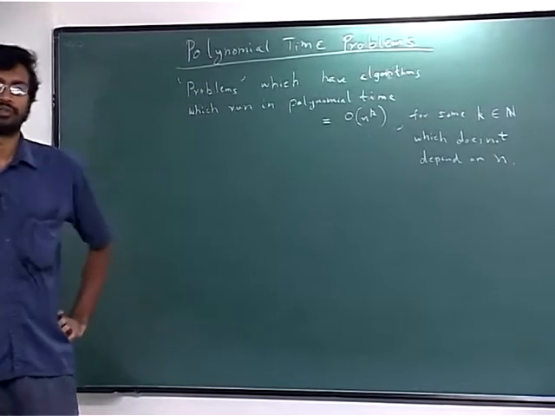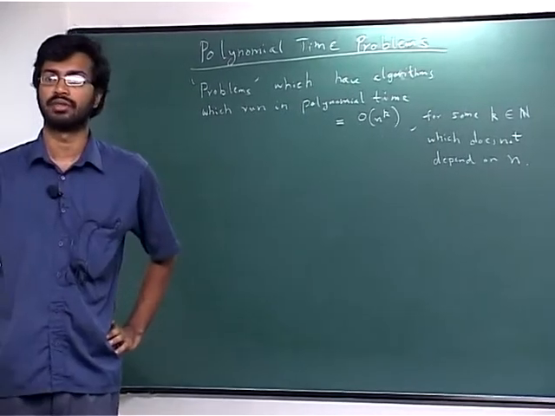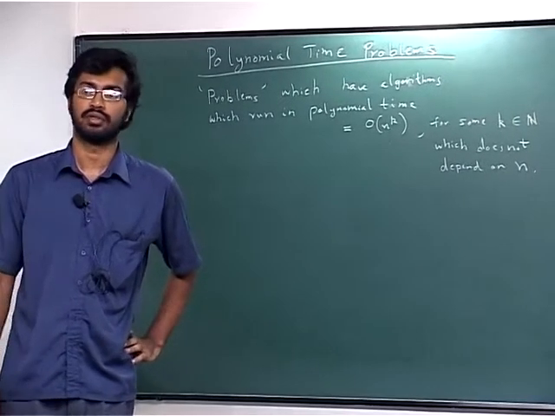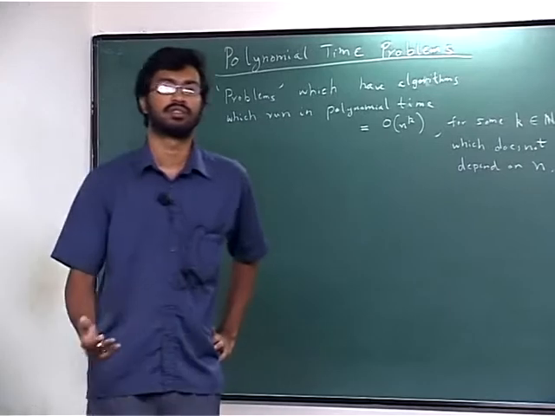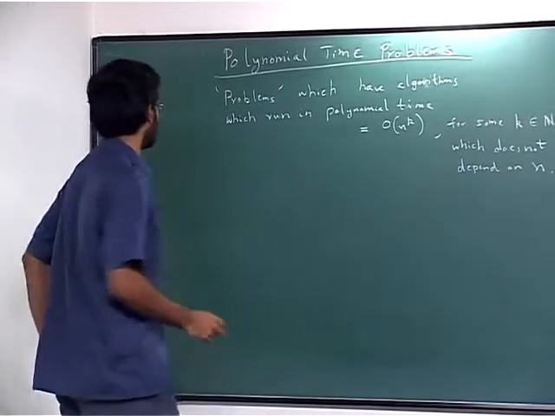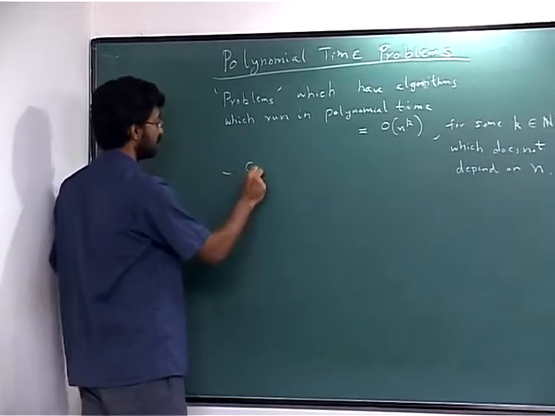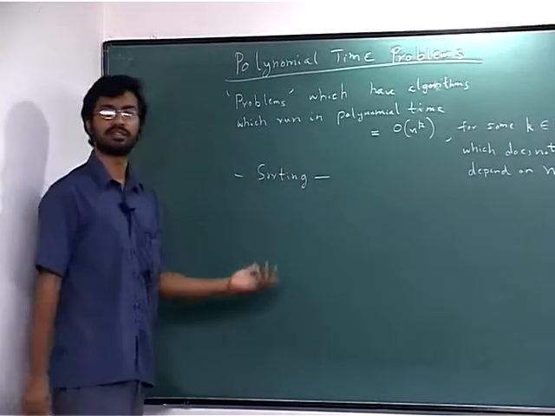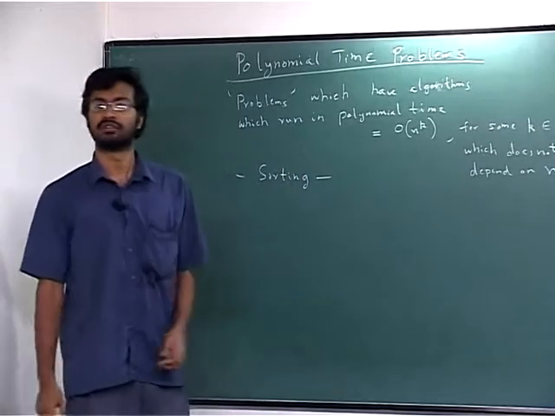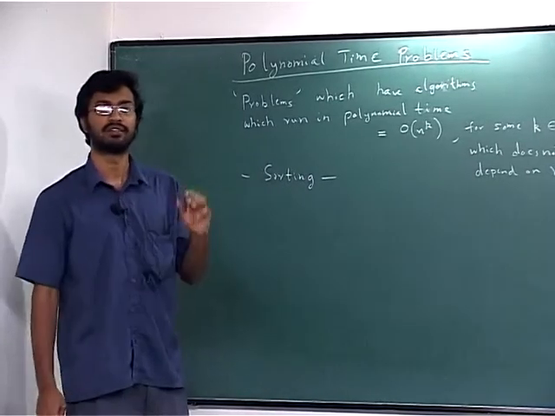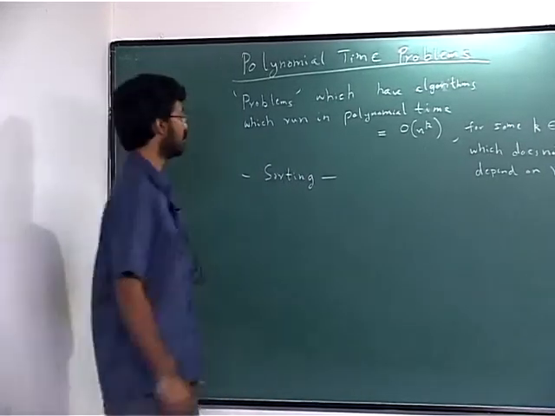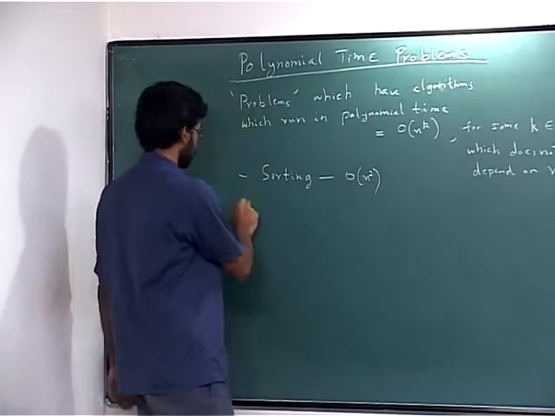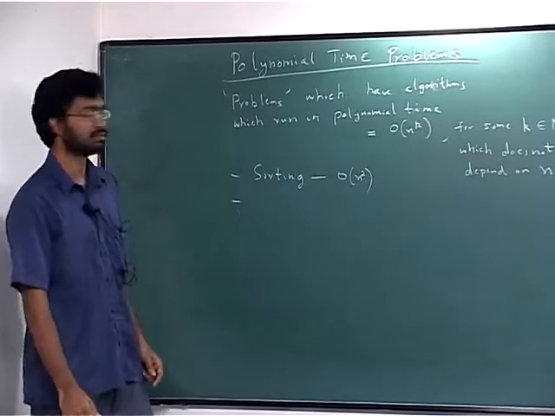So do you know examples of such problems? Examples of polynomial time problems? Sorting. Okay. So how much time does it take? Okay, something like order of n square. And any other examples?